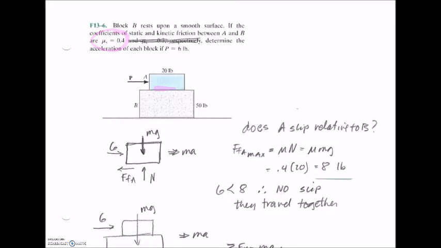We're drawing the free body diagram of the top block. Here we have the block, we have a weight, we have a pushing force, we have a normal force, and we have a force of friction which is going to resist that motion, going backwards. If the pushing force of 6 does not exceed the friction force, then there is no slip.